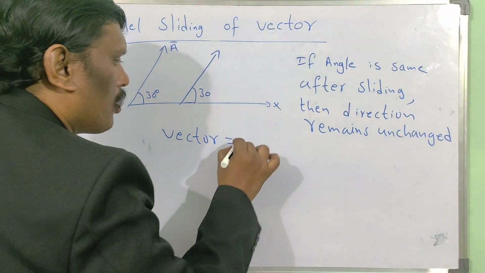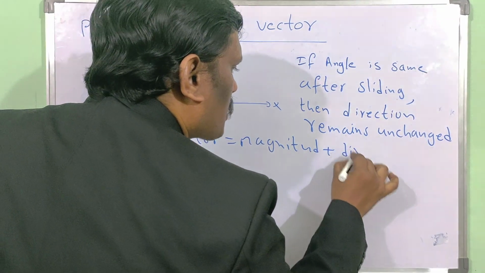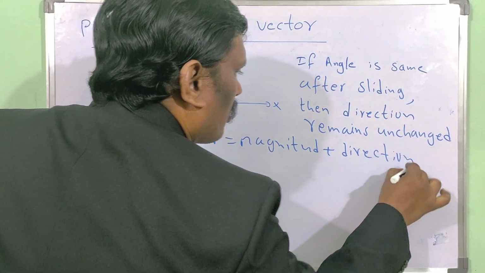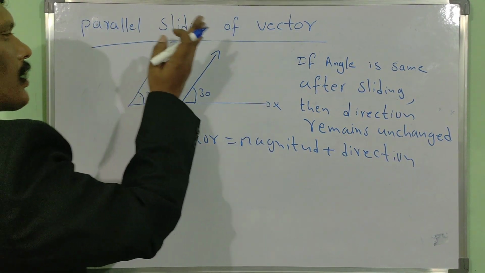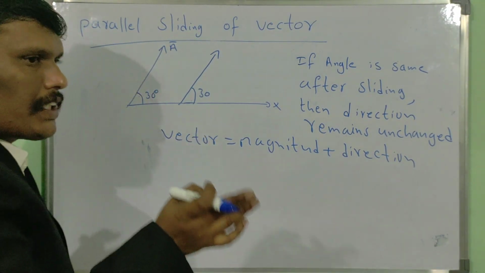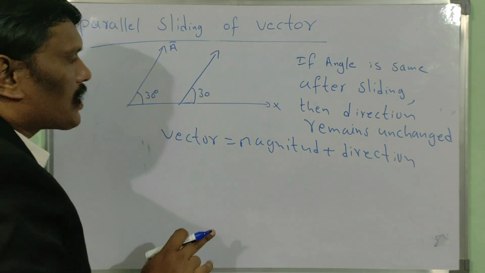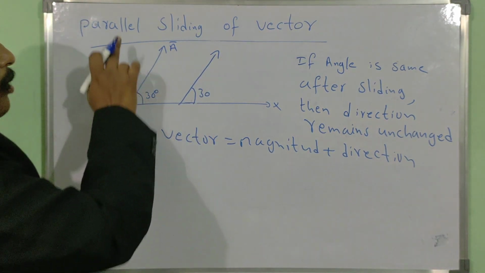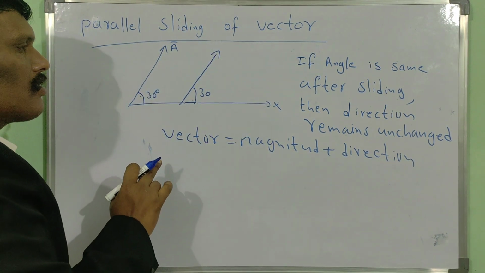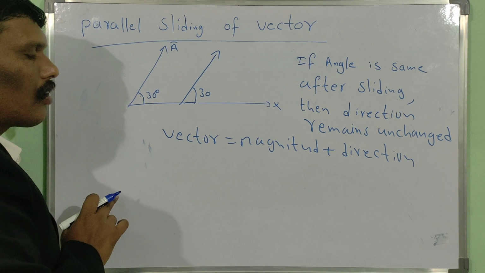Vector means magnitude plus direction. If I slide a bar vector from one position to this position, the length of the vector won't change while sliding. And one more condition: I said parallel sliding means I need to slide the vector without changing the angle.